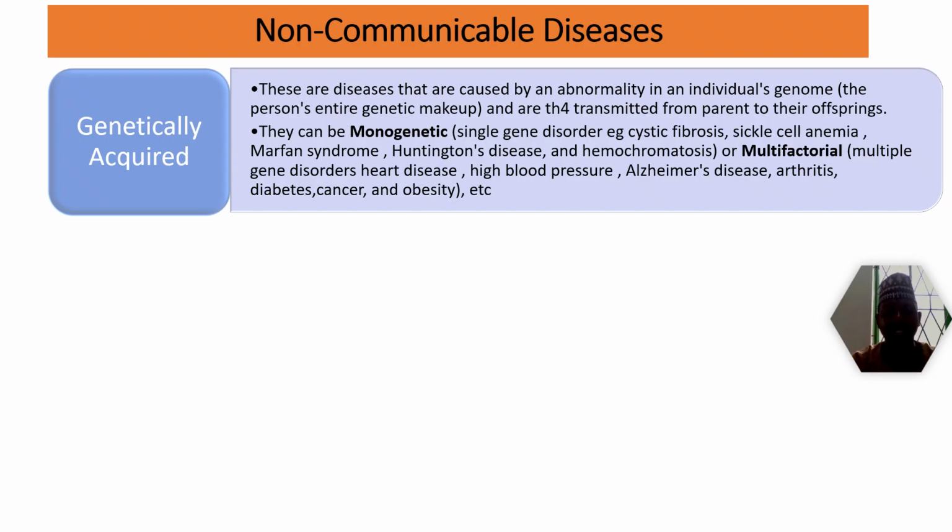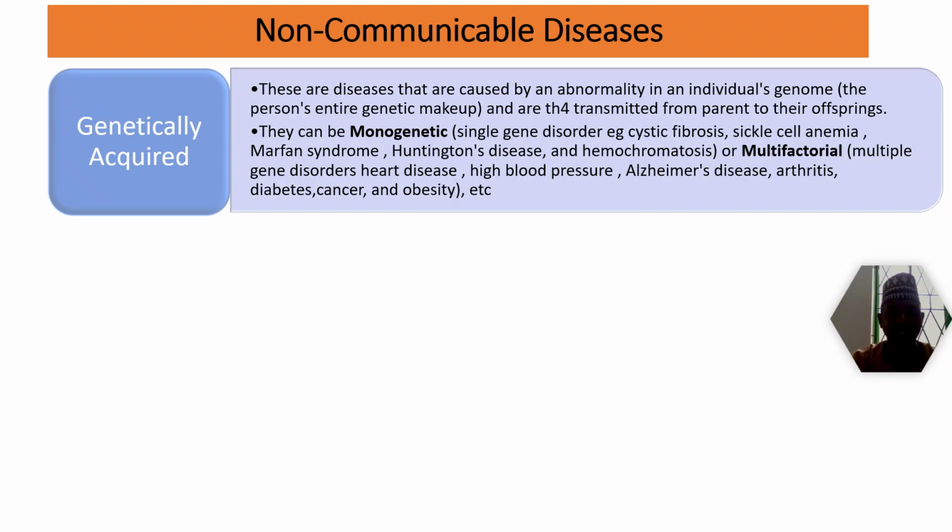Multifactorial in the sense that many genes are involved, many genes become affected, leading to some disorders such as heart diseases, high blood pressure, Alzheimer's disease, arthritis, diabetes, cancer, and obesity.